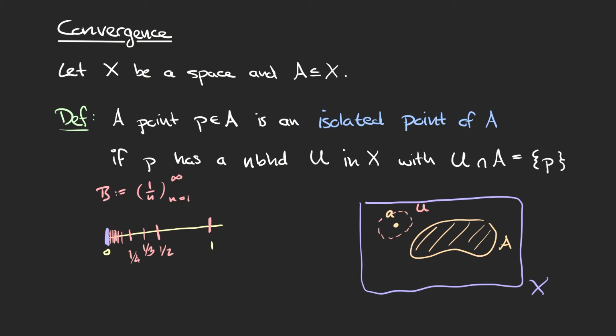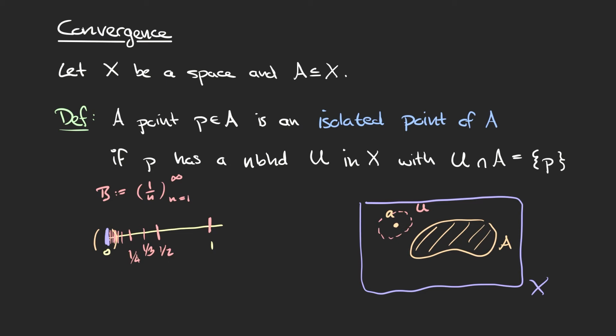So if we look at 0, and we take any neighborhood of 0, then again we can find some small epsilon interval within that neighborhood that still fits completely inside it. So that would be what I'm drawing in orange. And now the question is whether this intersects B in a point other than 0. Well, 0 isn't part of B, so the question is really if it just intersects B at all.